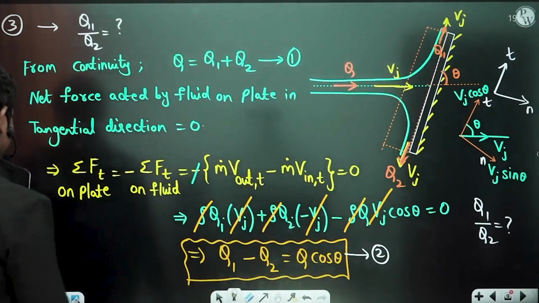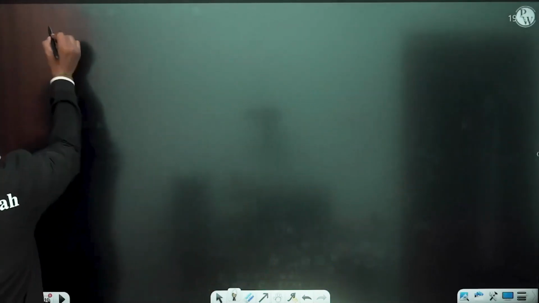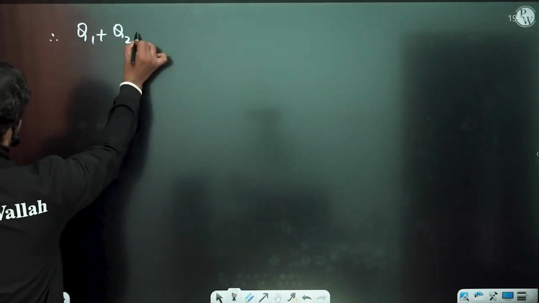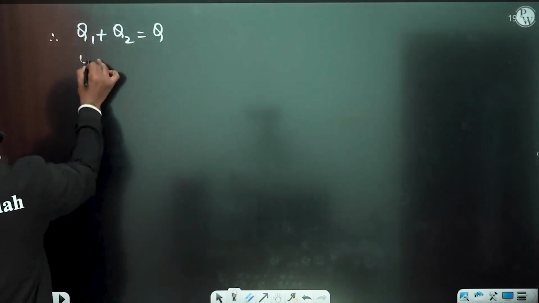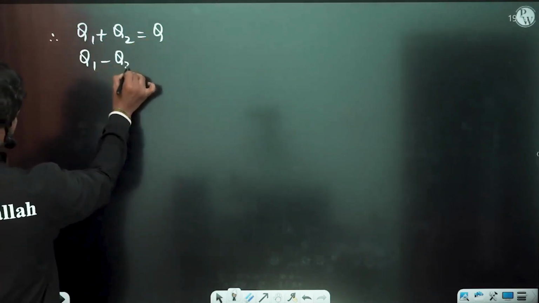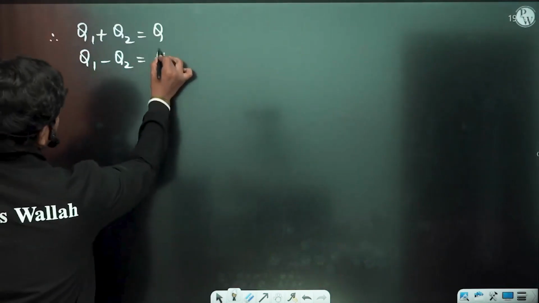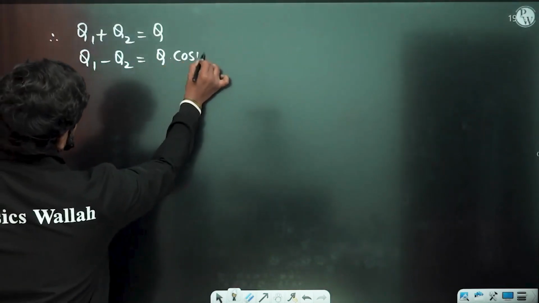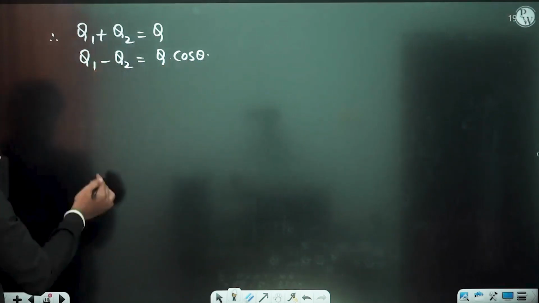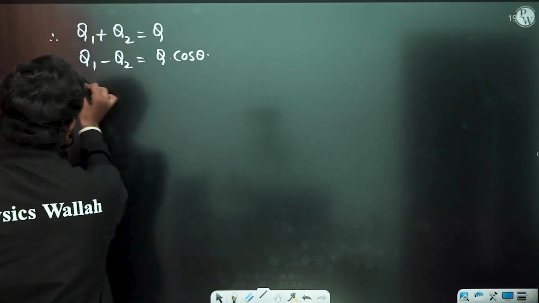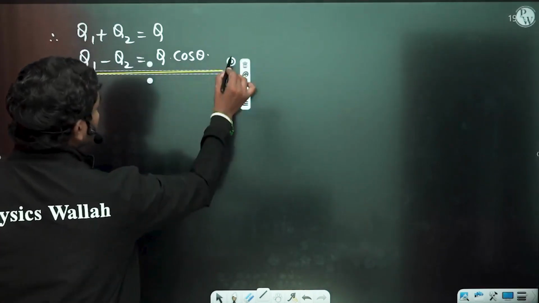So q1 plus q2 is equal to q. Therefore q1 plus q2 is equal to the total discharge, and q1 minus q2 is equal to q times cos theta. Now let us simplify these equations by adding them, because you want the q1 by q2 value.